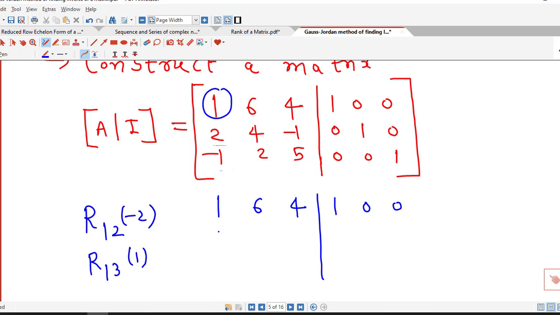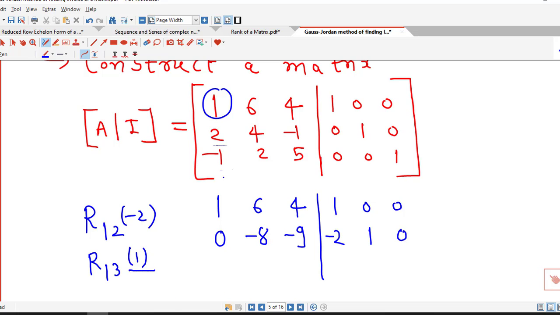So 1 into -2 is -2 plus 2, 0. 6 into -2 is -12 plus 4, which is -8. 4 into -2 is -8 minus 1, so we obtain -9. 1 into -2 is -2 plus 0, that is -2. 0 into -2, 0 plus 1. 0 into -2 is 0 plus 0.